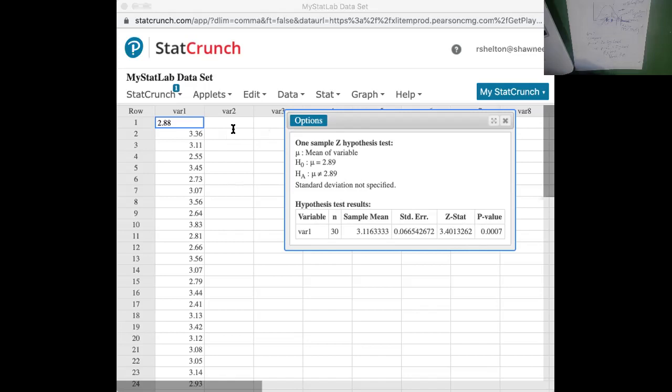The null hypothesis is that there's no effect from this diet, that the weight loss from this diet is null. It's 0. That is the null value. The alternative is that we do have some weight loss from this diet, and statistically we want to check this out. So the null is mu equals 0, the alternative hypothesis is mu greater than 0. And remember, mu is the population mean, right?